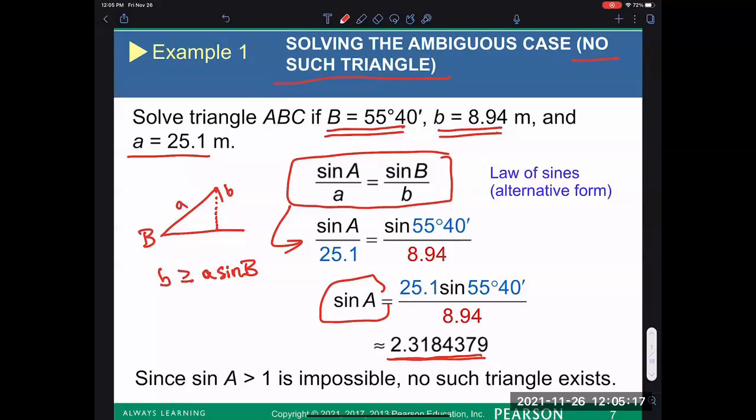So since sine of A needs to be greater than 1 and that's impossible, no such triangle exists. Hopefully that makes sense right away. You just have to be prepared that when you're using the law of sines to solve for the triangle, given side-side-angle, it's quite possible you'll try to solve for an angle and there's no solution available. That means there was no triangle possible.